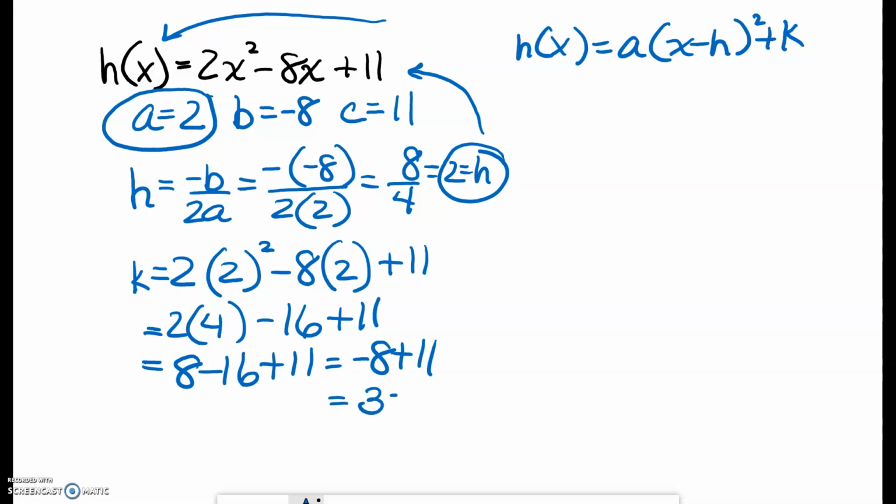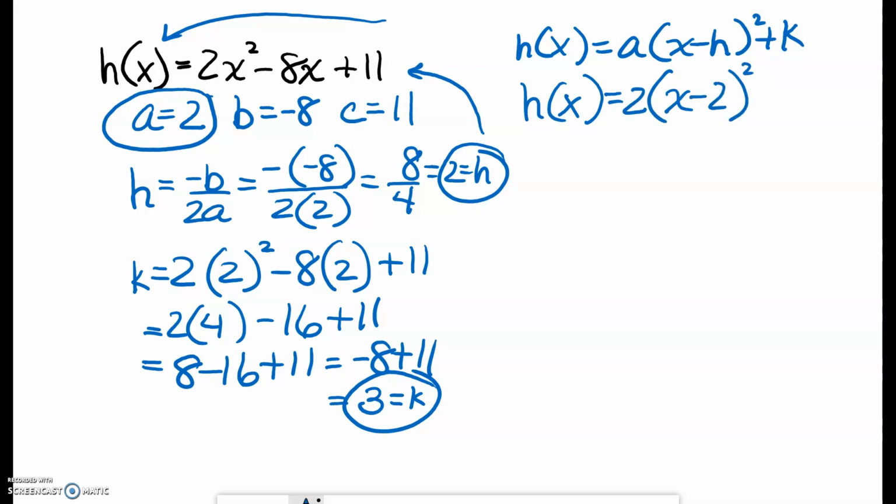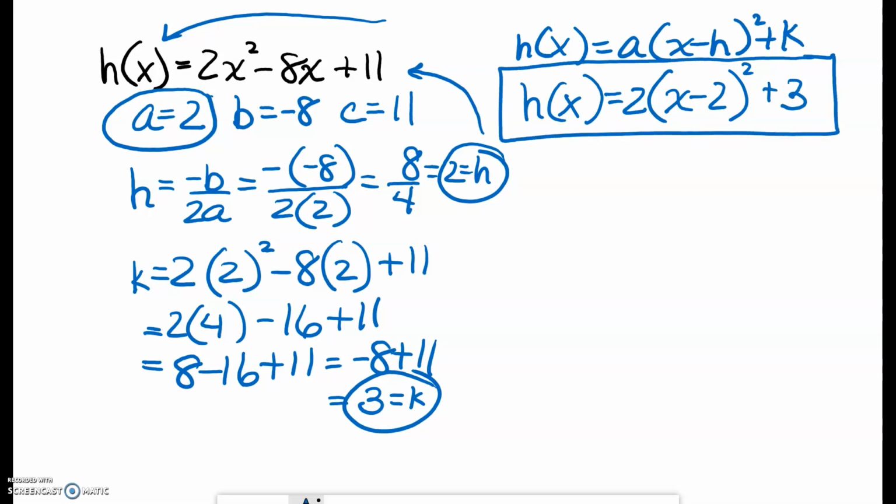So we get 3 equals k. All right, so let's create our equation. We have h of x equals 2 times x minus 2 squared plus 3. So we have no double signs again. So that is our equation.